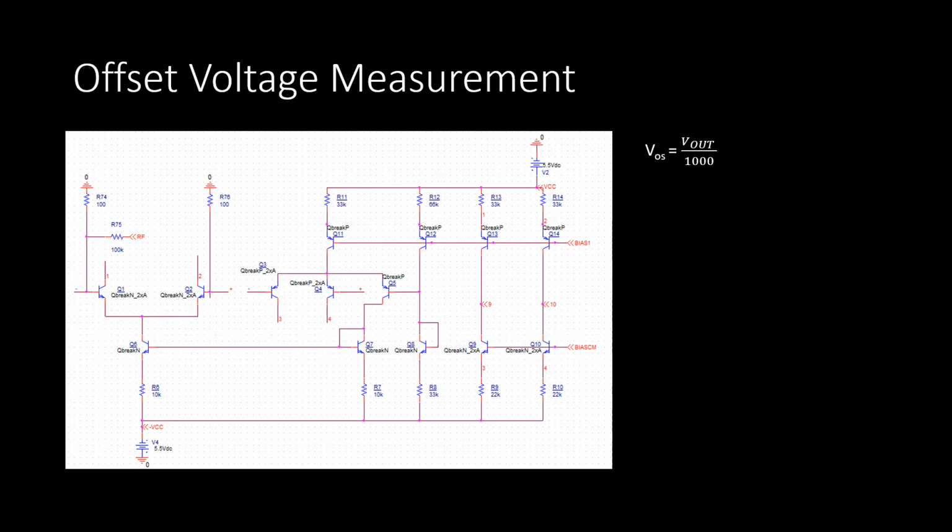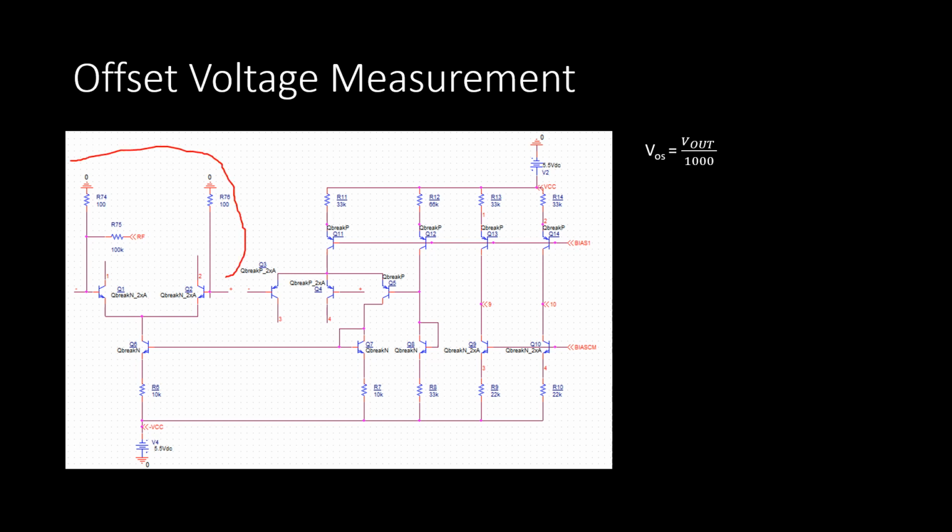Now I would like to take a look at some of the measurements that were taken to verify the functionality of the op amp, based on the given datasheet for the NE5234.